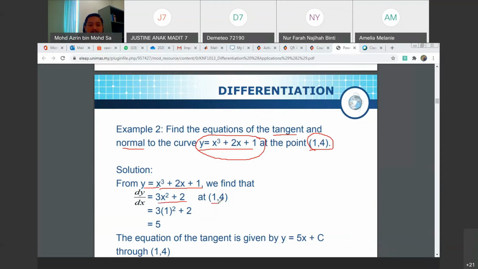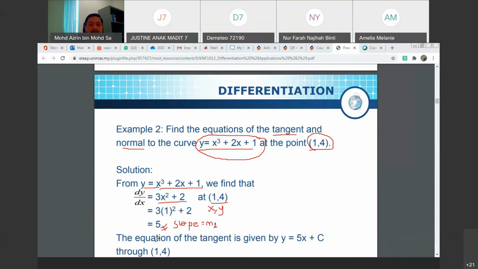Then you insert the value of x directly into the equation. So 3 times 1 squared, you will get 3 plus 2, which is 5. So 5 is actually the slope, and also m2.